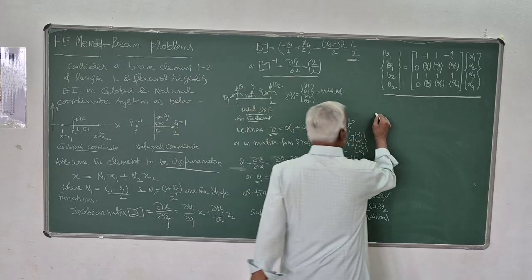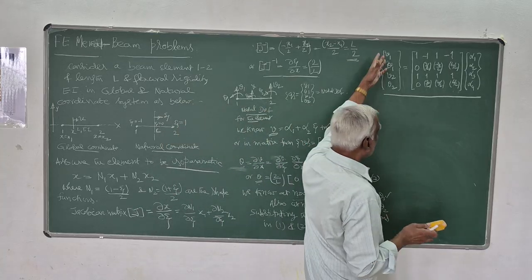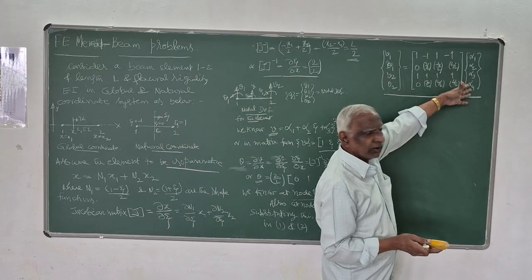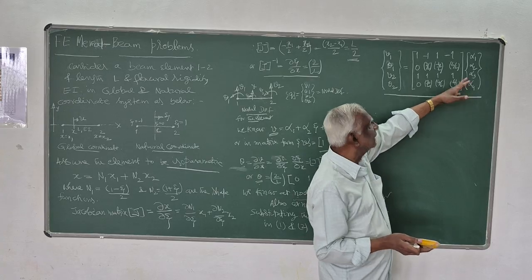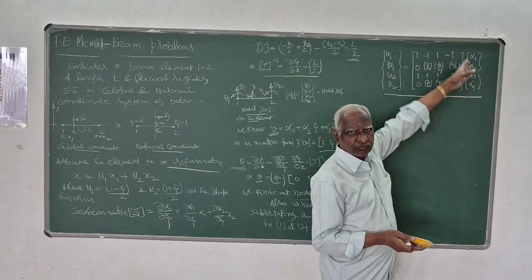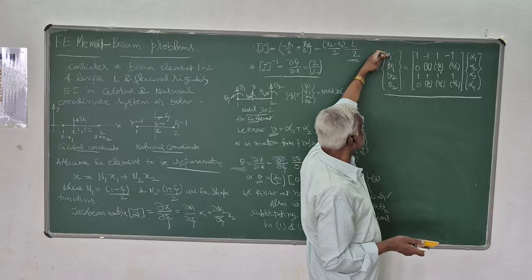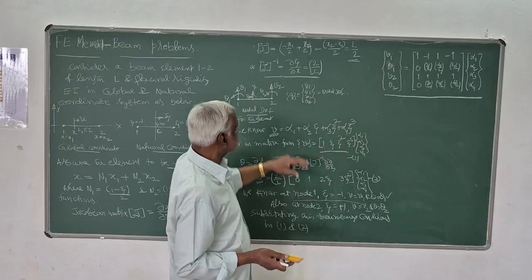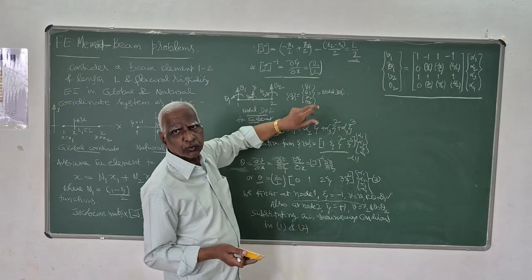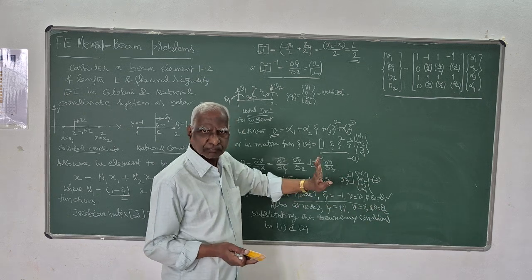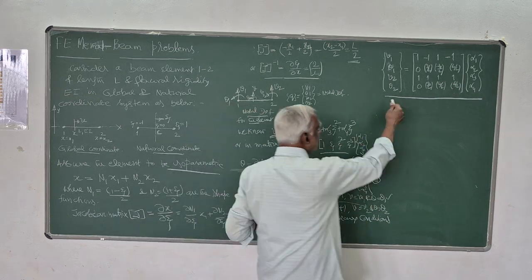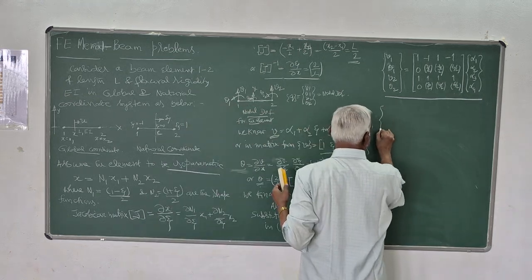Now you can solve this equation for alpha 1, alpha 2, alpha 3, alpha 4. So there are 4 equations, 4 unknown constants in terms of nodal displacement u1, v1, u2, v2, you can find out. So either you can solve or you can find the inverse.